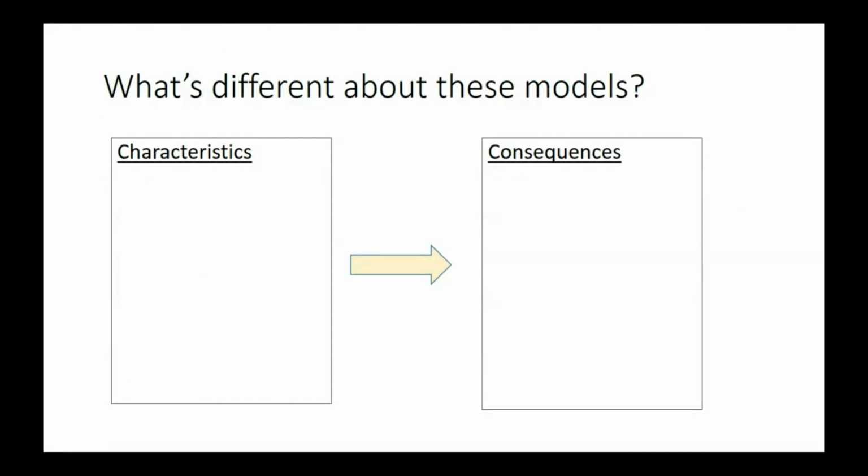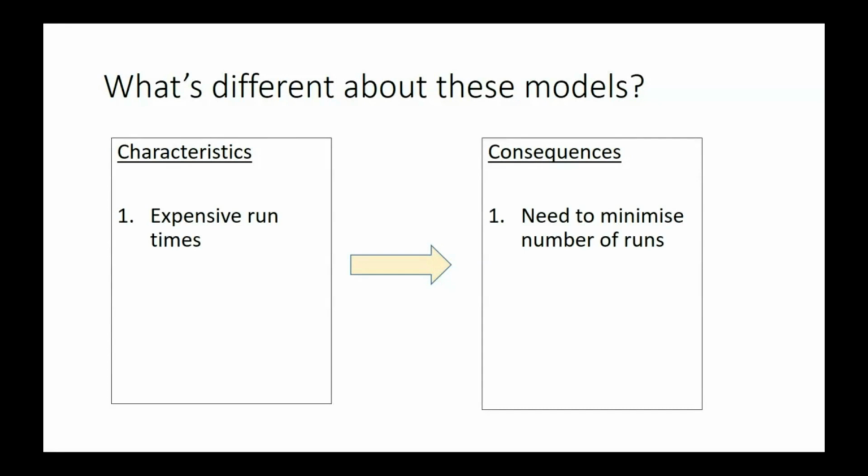Now, one of the things that's important, that opens up these methods and also challenges them, is to ask what's different about this kind of model. The first thing is that they're very expensive to run, and run for a long time on many cores on the most expensive computers, so we need to minimize the number of runs.